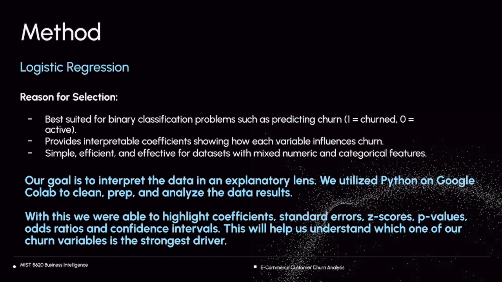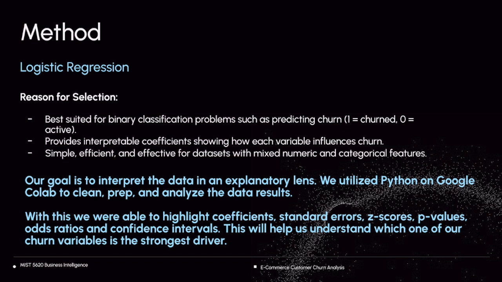It's simple, efficient, and effective for datasets with mixed numeric and categorical features. It was a really large dataset with a lot of variables, and a lot of them were numeric and a lot of them were categorical, so we took that into account. Our overall goal is to interpret the data through an explanatory lens, not a predictive lens. So we utilized Python on Google Colab to clean, prep, and analyze the data.